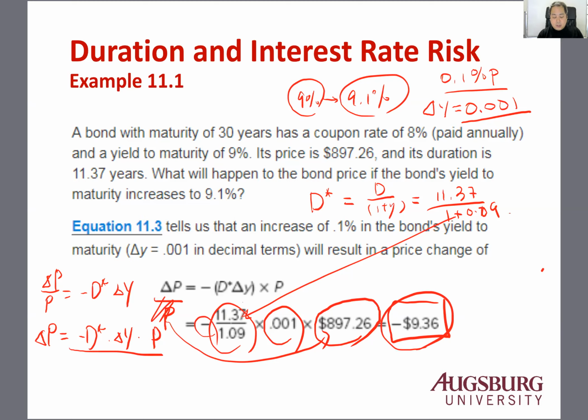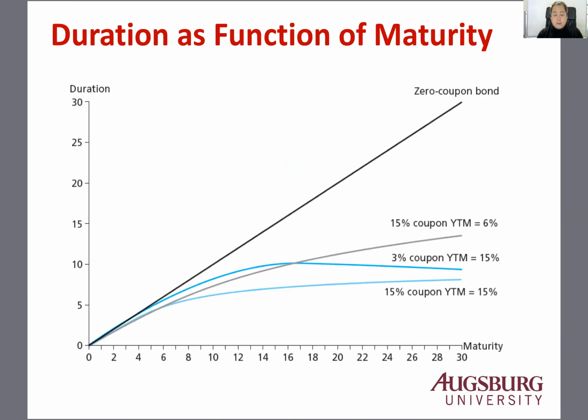If the duration is high, then interest rate risk is high. So this is duration as a function of maturity. This function clearly shows a result very consistent with what we saw on the first slide, the relation between interest rate and price.